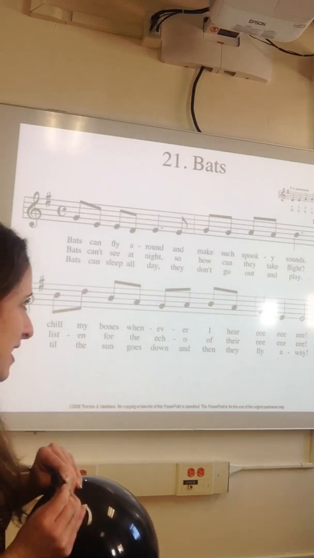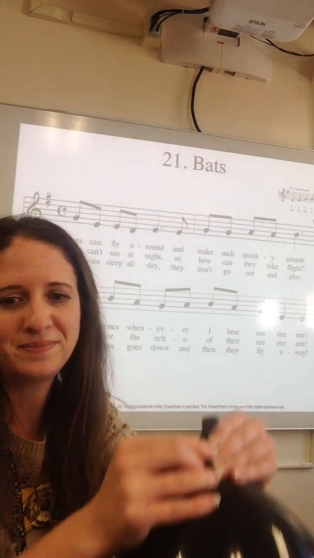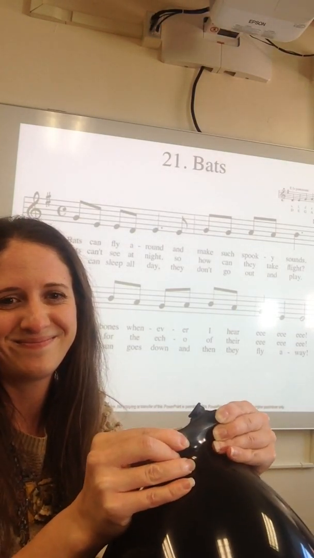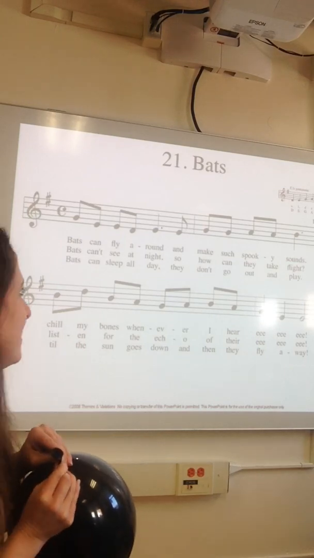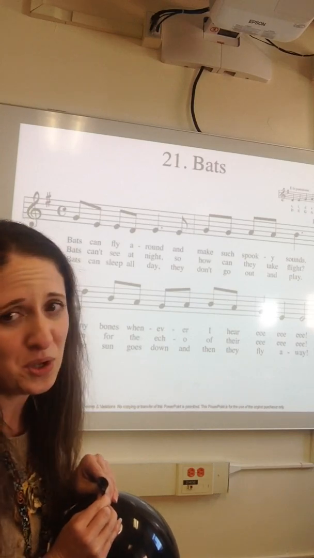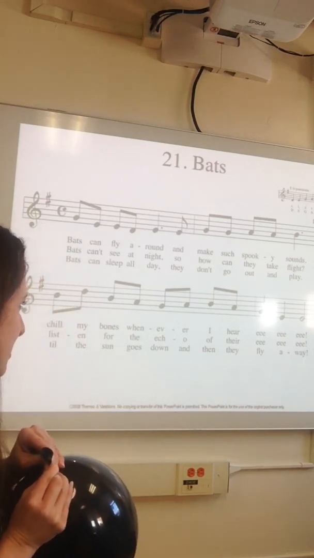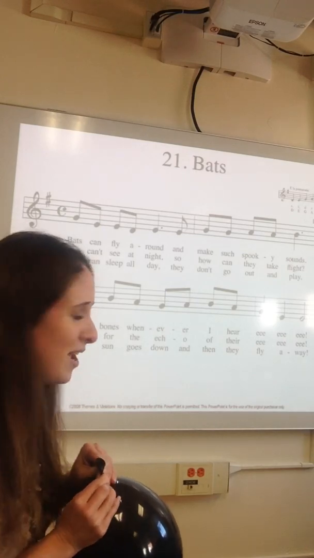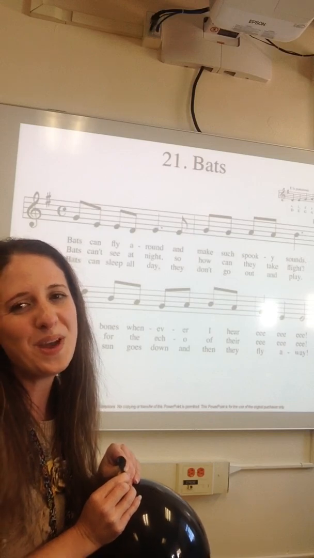They listen for the echo of their. Third verse. Bats can sleep all day. They don't go out and fly until the sun goes down, and then they fly away.